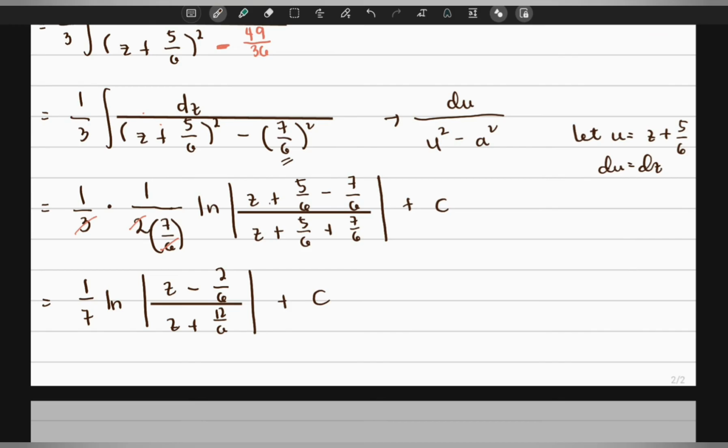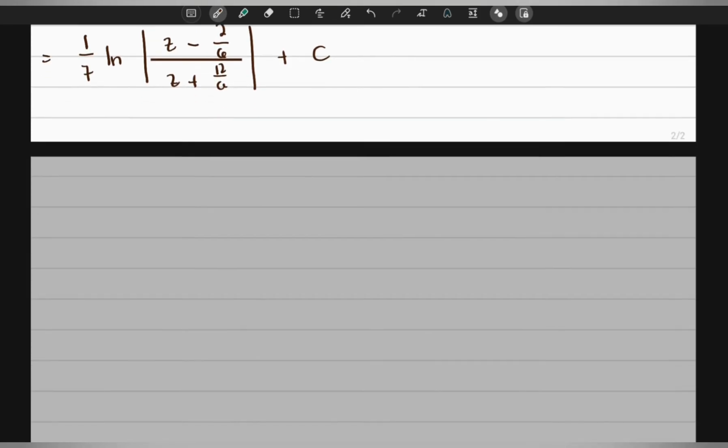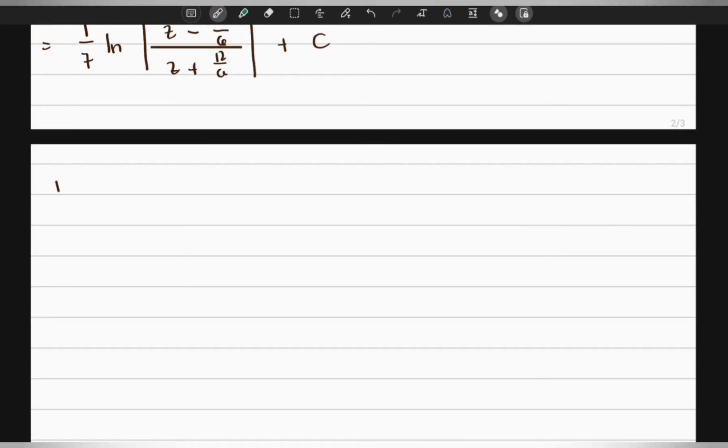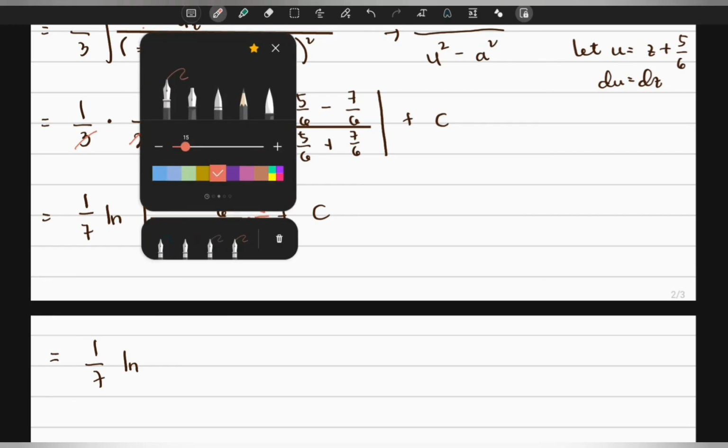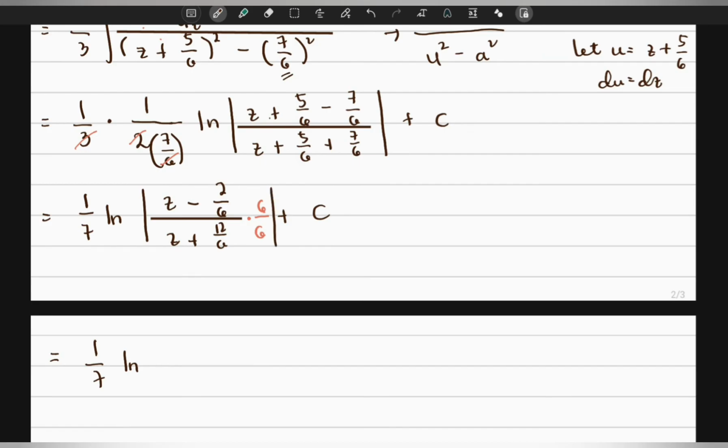So, actually guys, pwede pa yung masimplify. Dahil yung 2 over 6, 1/3. Tapos yung 12 over 6, 2. Pero yun nga lang, magkakaroon pa rin ng fraction sa ilalim. So, ganito yung gawin natin. 1 over 7, ln. Mag-multiply tayo ng 6 sa loob ng absolute value.